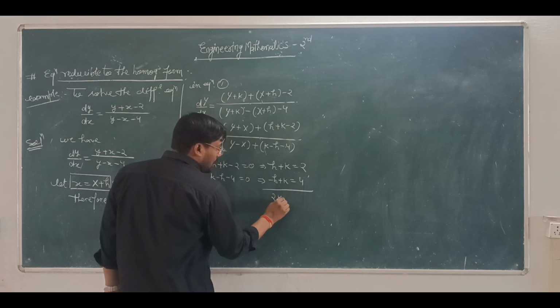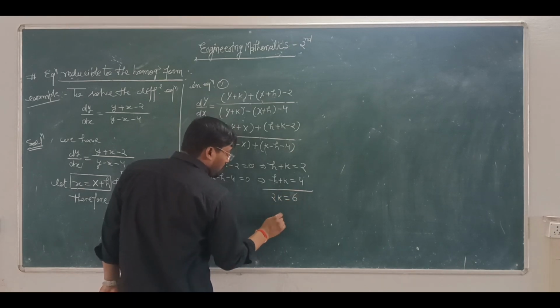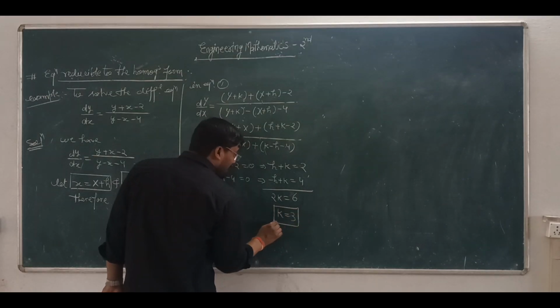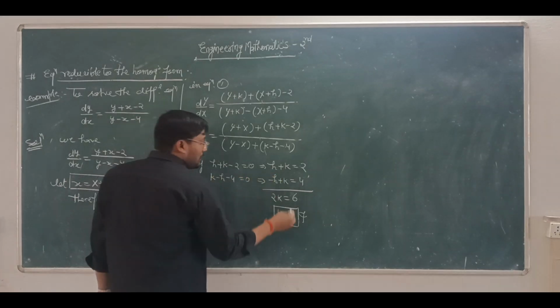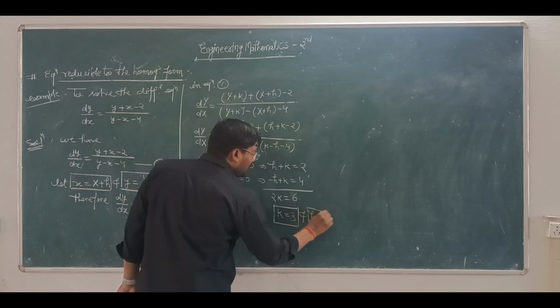Adding, h is cancelled. 2k is equal to 6. Now k is equal to 3, and you can put this value in this equation. This means h is equal to minus 1.